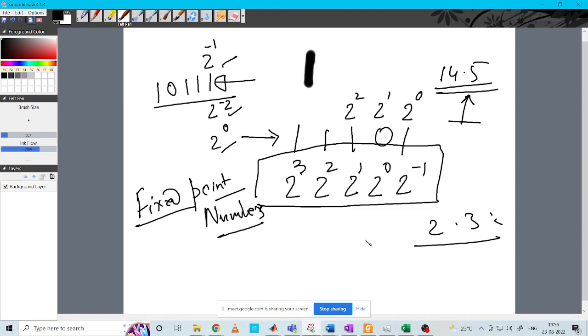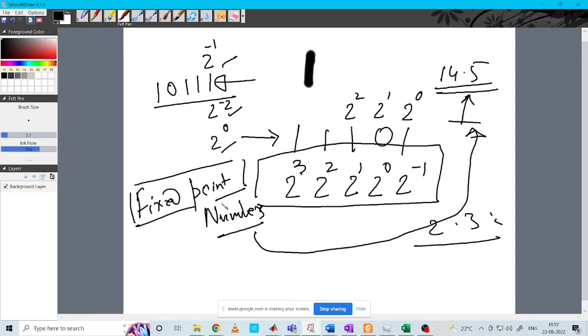But fixed point numbers also help you represent a decimal number or a fraction to some extent of accuracy, and it is very easy to calculate on the hardware. So whoever is doing hardware programming should know about fixed point numbers.